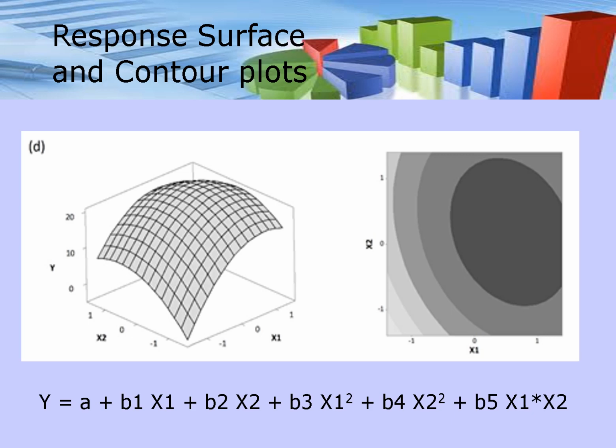The complete regression equation includes linear, quadratic, and interaction terms. Looking at the 3D response surface or contour plots, we can identify the required terms in the regression equation. Moreover, looking at the regression equation, we can imagine how the response surface and contour plot will look.